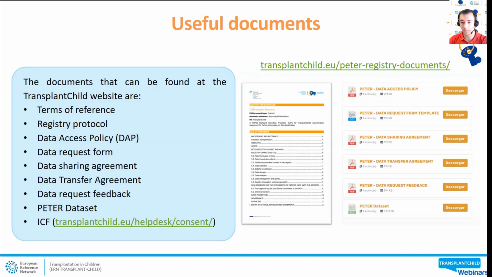Also available are the data request form, data sharing agreement, transfer agreement, the data request feedback, and the Peter dataset, which is especially interesting for people that are interested in participating but do not have the approval yet, so they know what to expect from the registry. And of course, the informed consent forms, which can be found in another web page, the consent web page of TransplantChild, and these are also available in the languages of different country members.